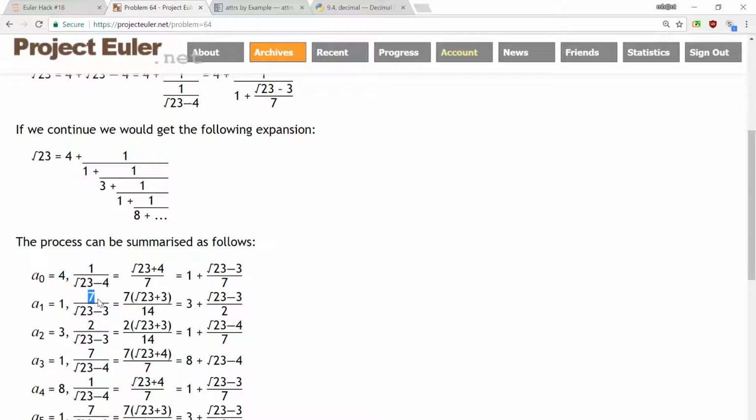But that's just the first step, isn't it? Oh, okay, wait a minute. For example, we want to calculate the first 7. First of all, we have to calculate this approximately, so that we know what value to pull out.